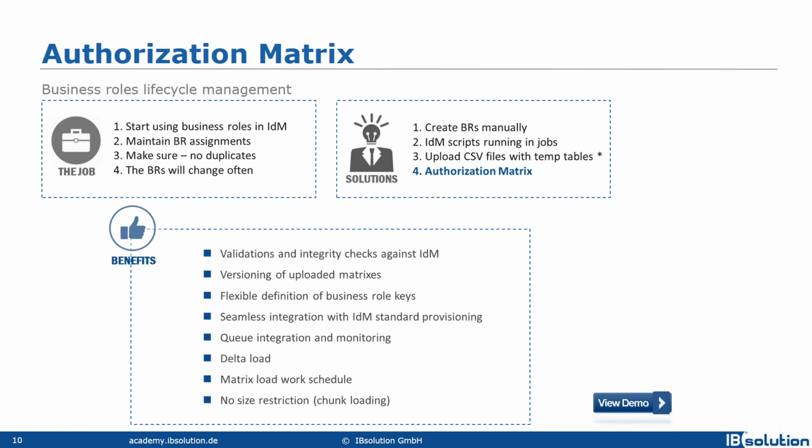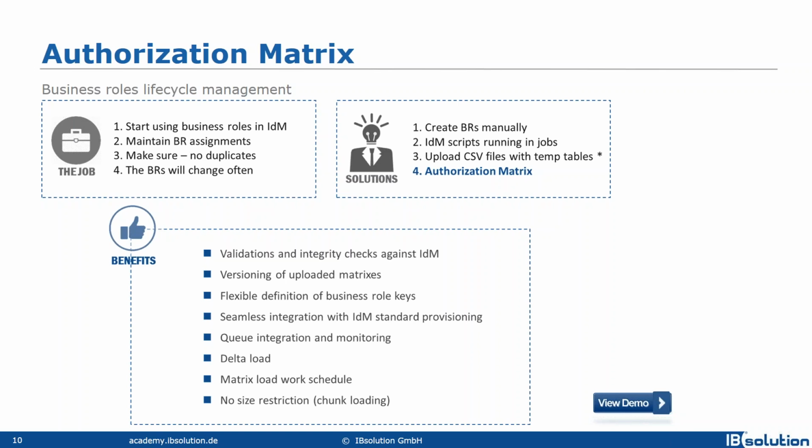The most common in this case is using CSV files, which are stored on a server and then changed very rarely, because most companies are afraid that if they change something in the wrong way, then the whole IDM will block. And there is a good reason to be afraid. So it's not a very good solution, but at least it's a transparent solution, so you see what's in the CSV file. That's what I'm going to have in my IDM, and you have it in one file, which is also not a bad solution.